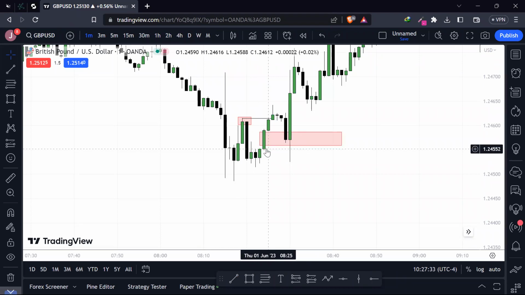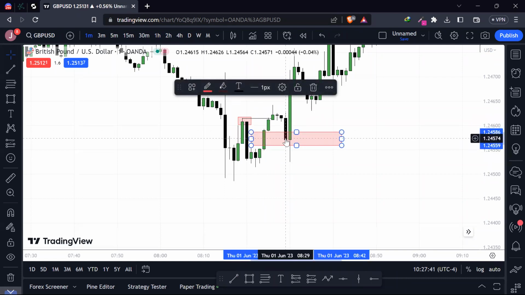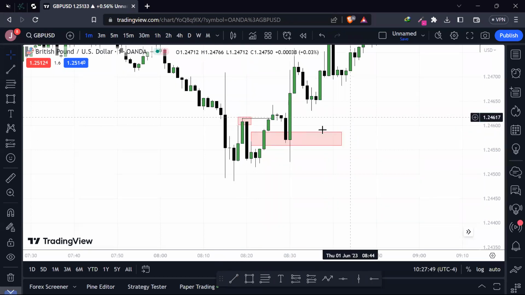There's a wick here and a wick here, and this is the FVG right here. 1, 2, 3, and the middle of that. It doesn't give opportunity to the sellers while going up and breaking the swing high. So it came back.